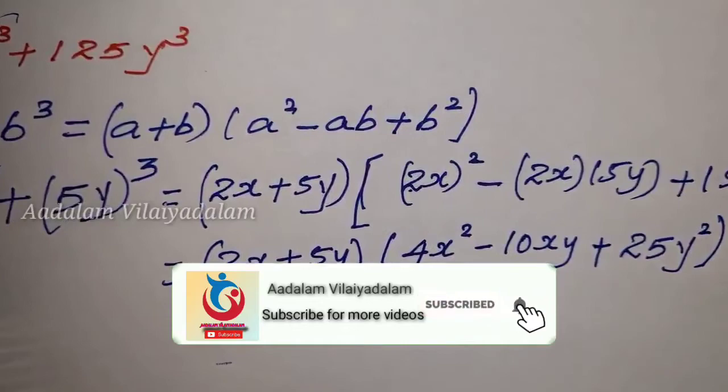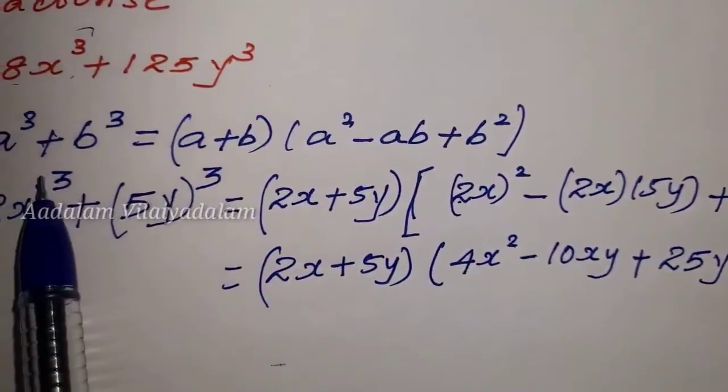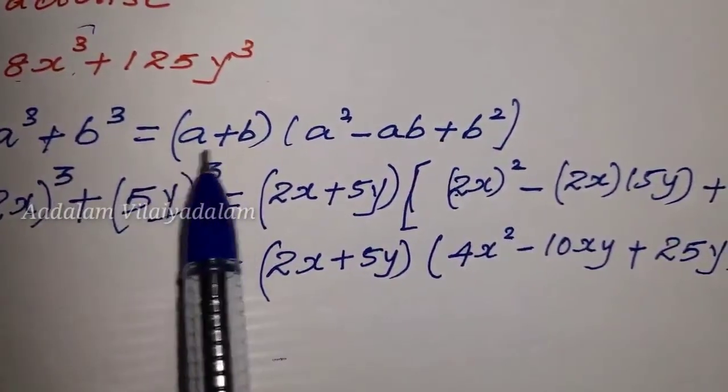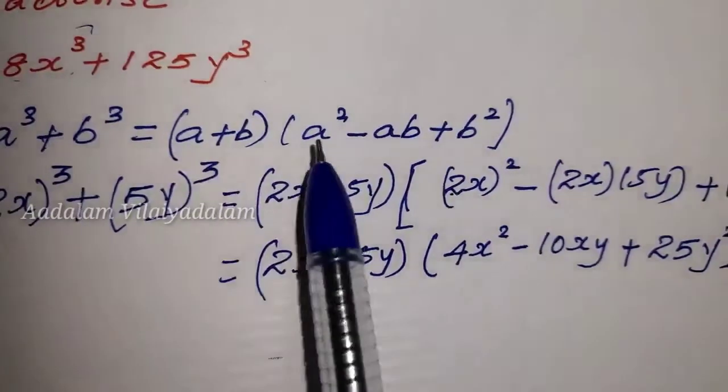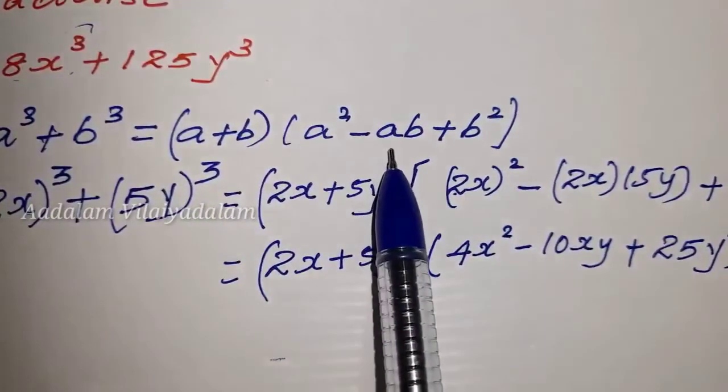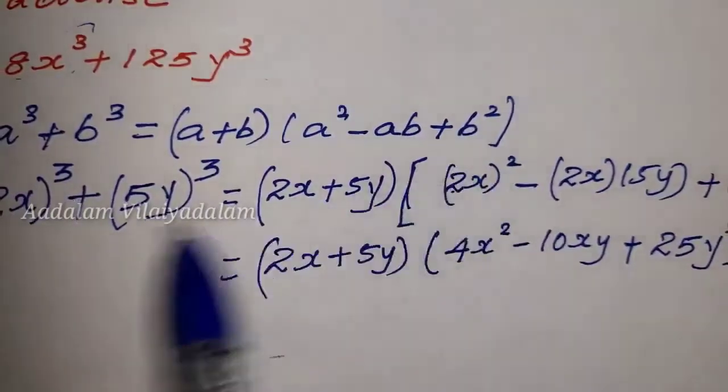So this is the formula for a cube plus b cube is equal to a plus b, a square minus ab plus b square.